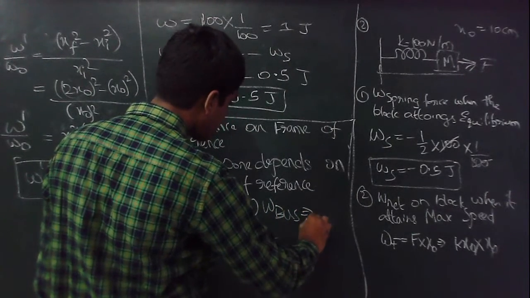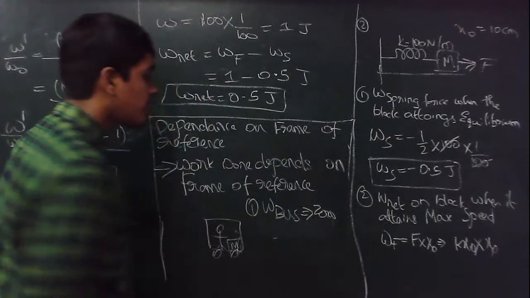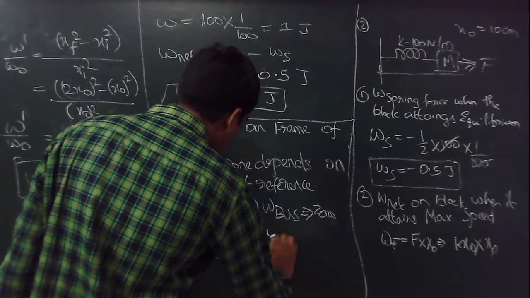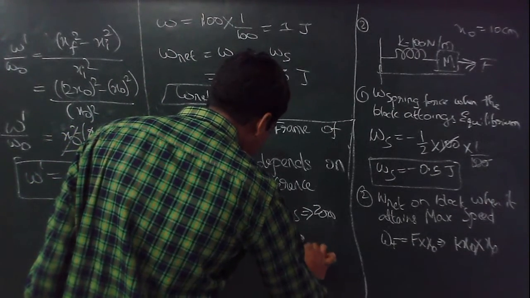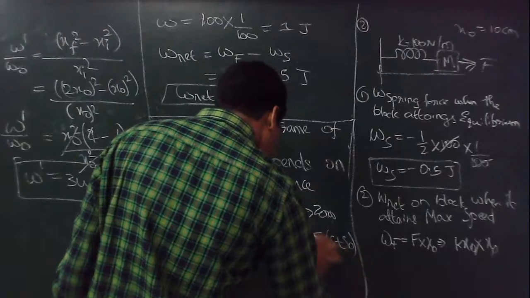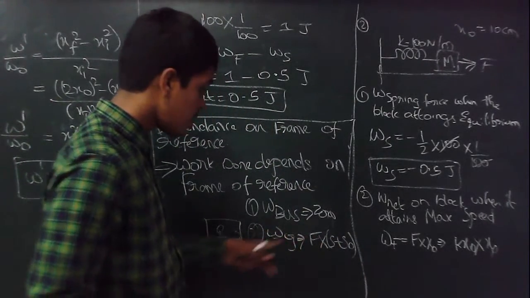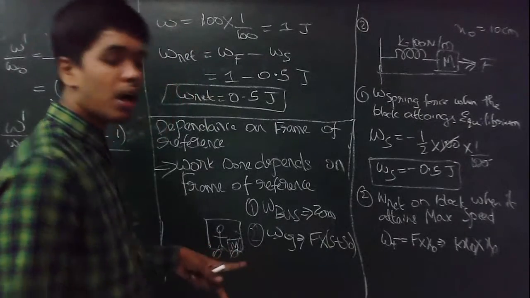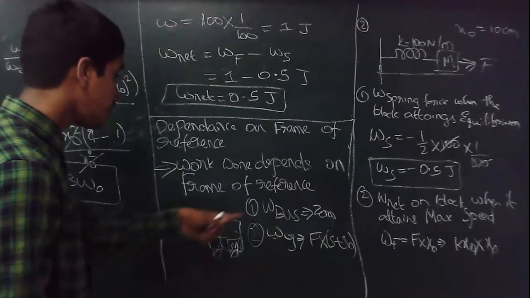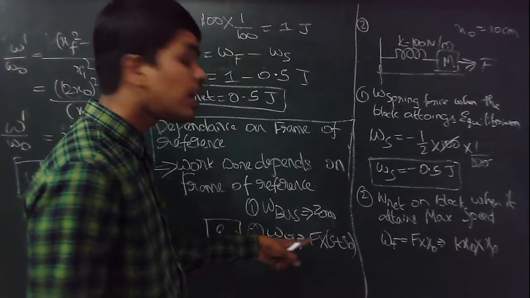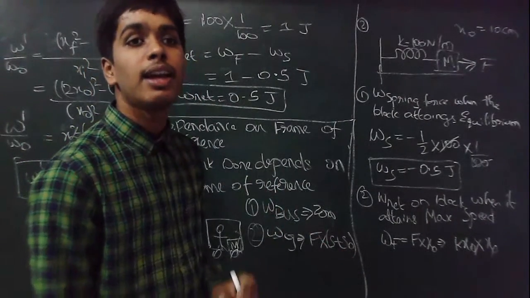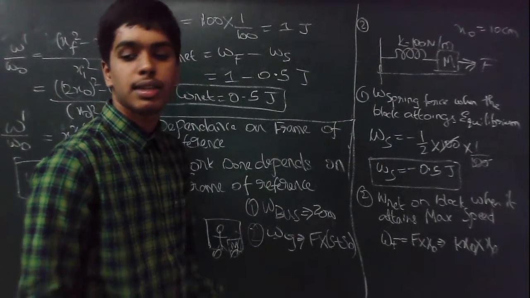W with respect to the bus is 0, because relative to the bus the block is at rest, and with respect to the ground it is F into S plus S naught, because force into bus displacement plus force into displacement of the block. This shows the work done changes with the frame of reference. First, with respect to the bus it is 0, and with respect to the ground it is F into S plus S naught. First copy this, then we will discuss the conservative and non-conservative forces.